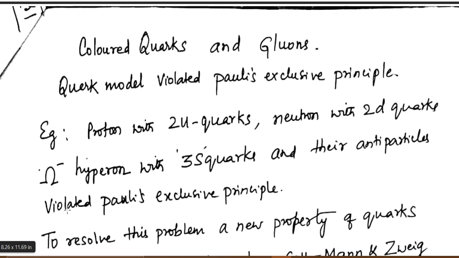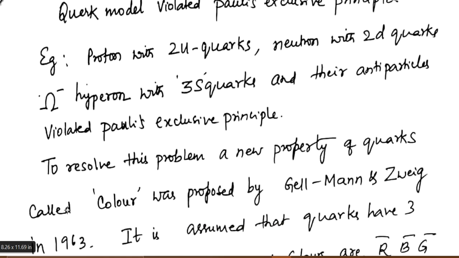Actually, all hadrons and leptons obey Pauli's exclusion principle, but the quark model given to explain the structure of protons and neutrons violated it. For example, the proton with 2 up quarks, the neutron with 2 down quarks, the omega minus hyperon with 3 s quarks and their antiparticles violated Pauli's exclusion principle.